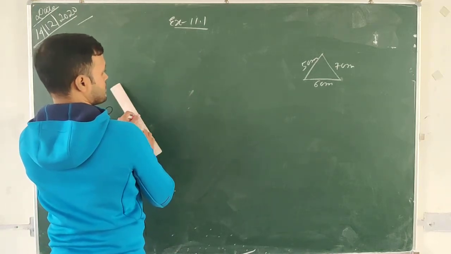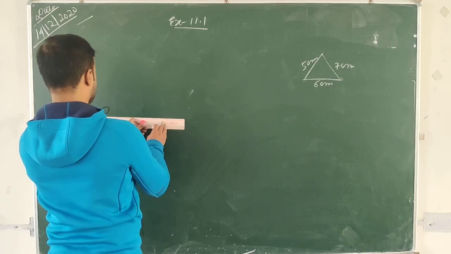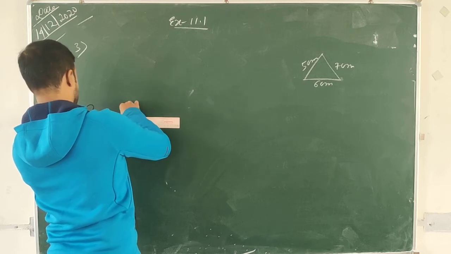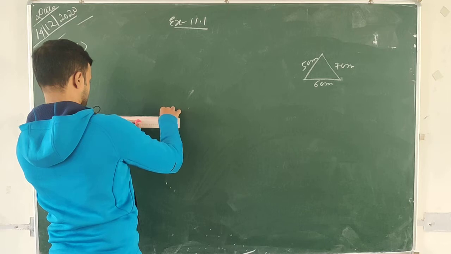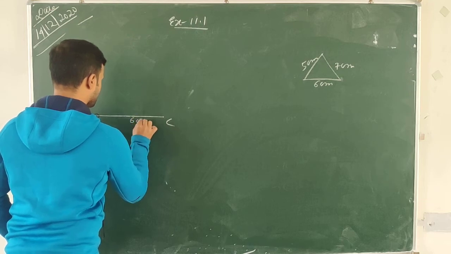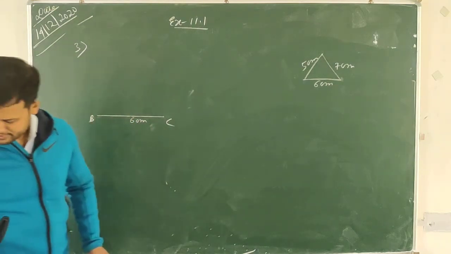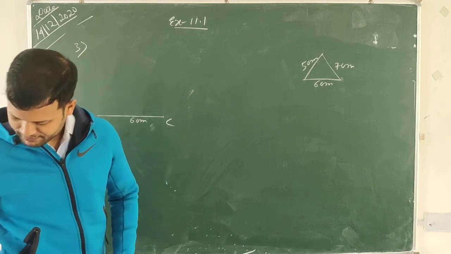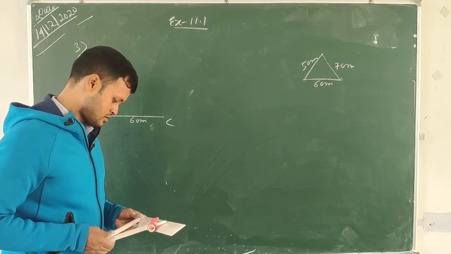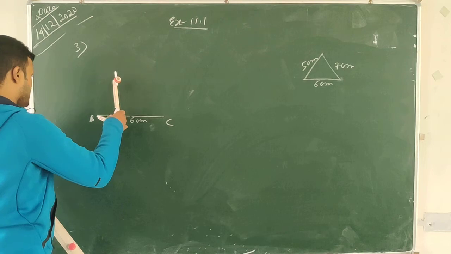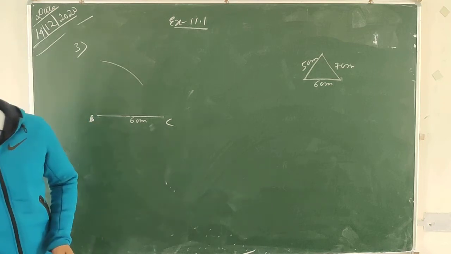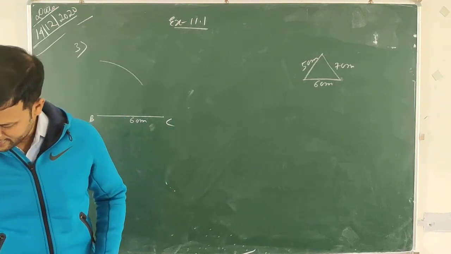So first draw a 6 cm base. Then take 5 centimeters as the radius and draw an arc.